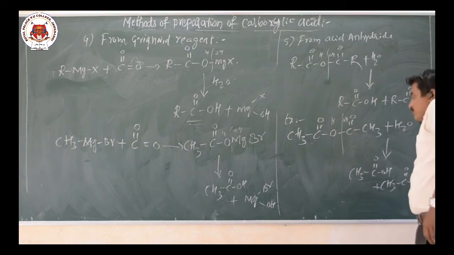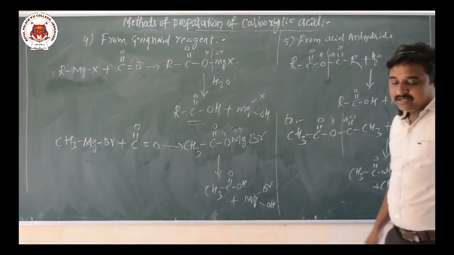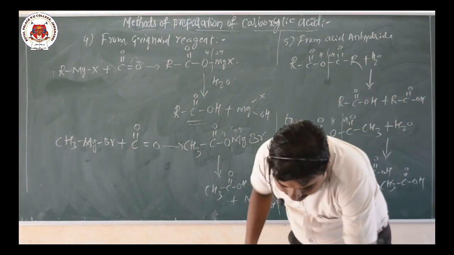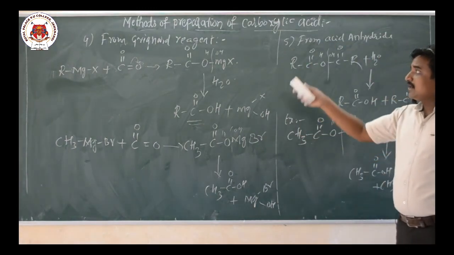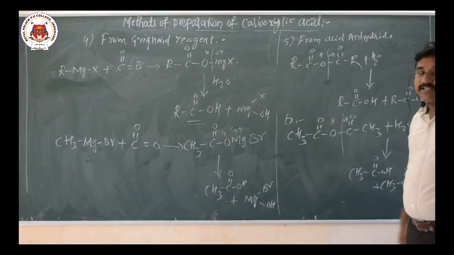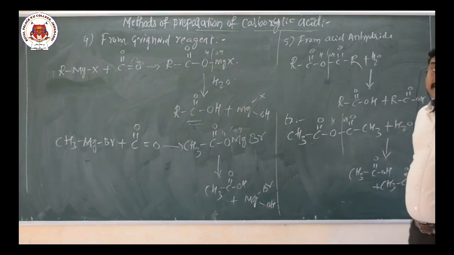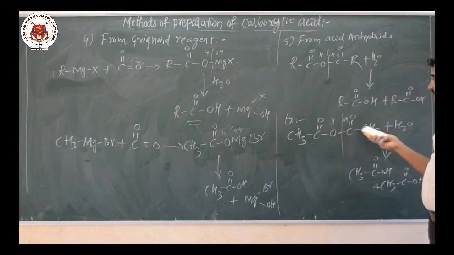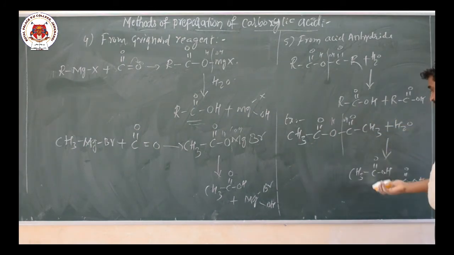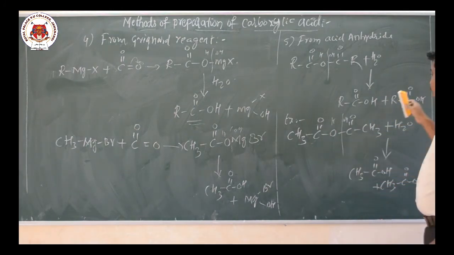Here the formation of carboxylic acid takes place. So this is one method for the preparation of carboxylic acid. Already we know from Grignard reagent and from acyl halide, and this is the fifth method, from acid anhydride. Just acid anhydride will undergo hydrolysis and there is a formation of corresponding carboxylic acid.